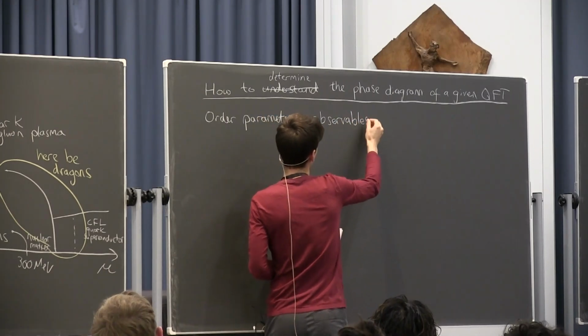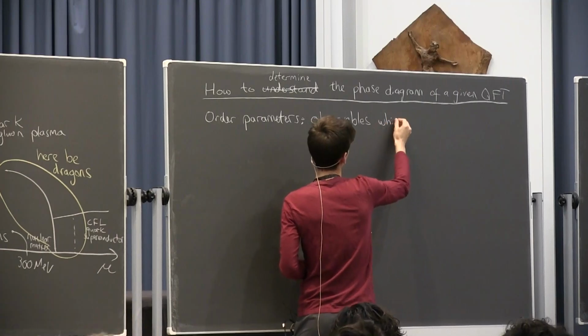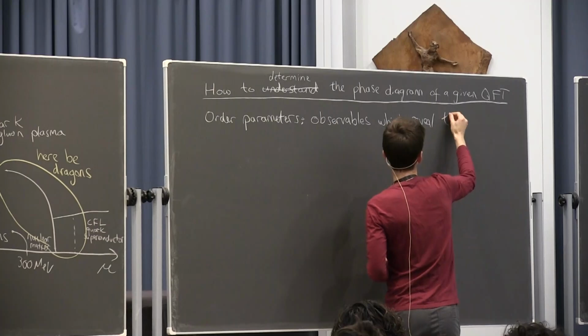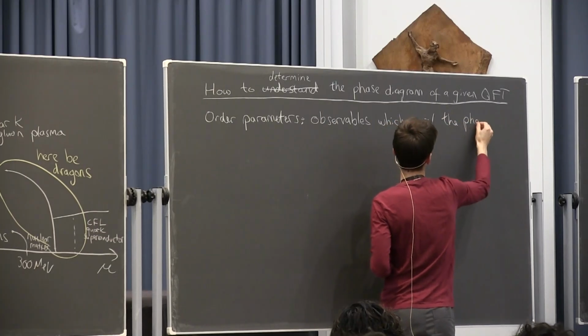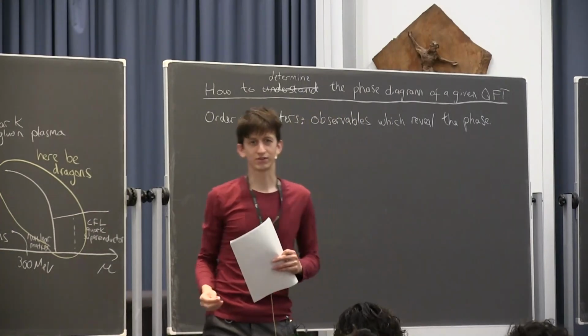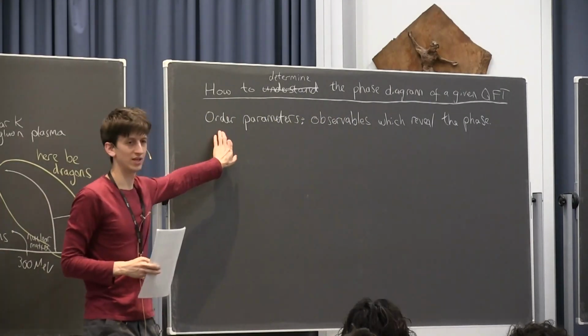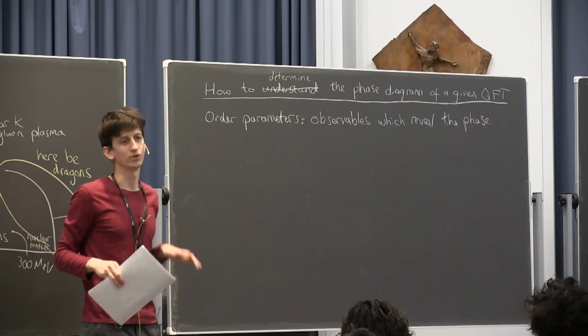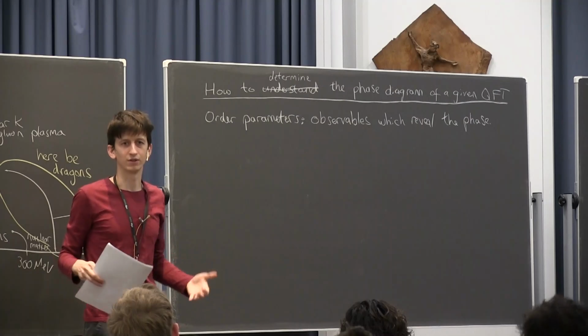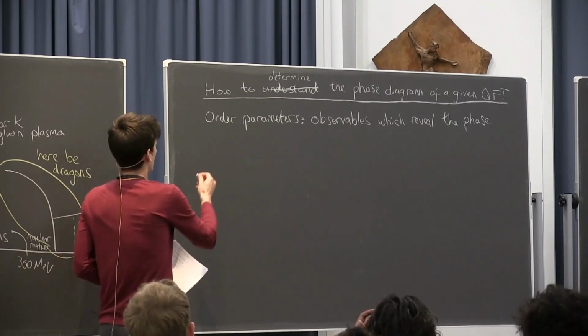Order parameters are observables which reveal the phase. Sometimes in the Landau theory of second-order phase transitions, order parameter is used in a more specific way. I don't want to use it in that way. I want to use it in a more general way as any kind of observable which can reveal the phase. And let's give some examples.